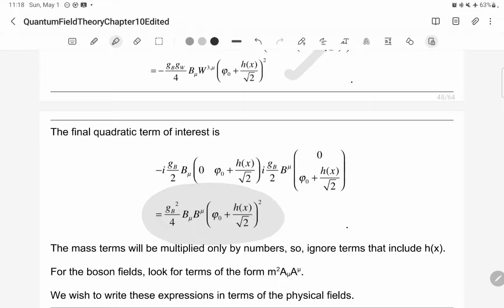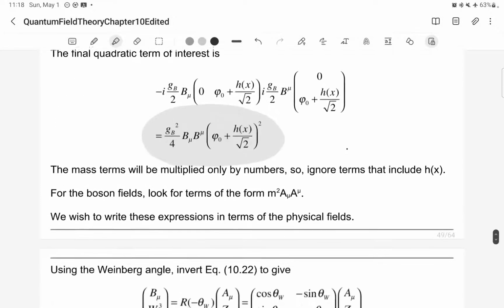Now we would have to ignore terms that include the fields, because if we are just interested in the mass, we are just interested in the terms with coefficients that are constants.